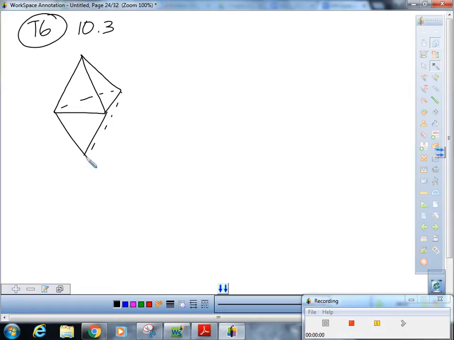Okay, so it says, consider the regular tetrahedron with these points.